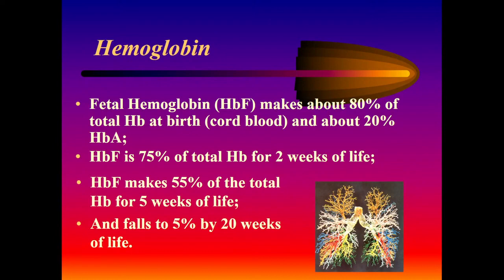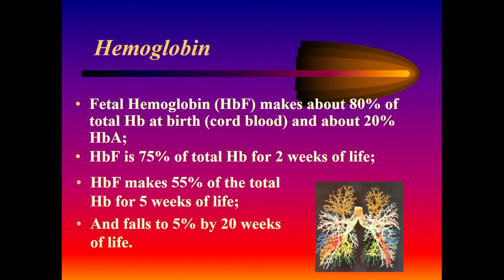Hemoglobin: fetal hemoglobin F makes up about 80% of total hemoglobin at birth, especially in cord blood, and about 20% is hemoglobin A, as in adults.